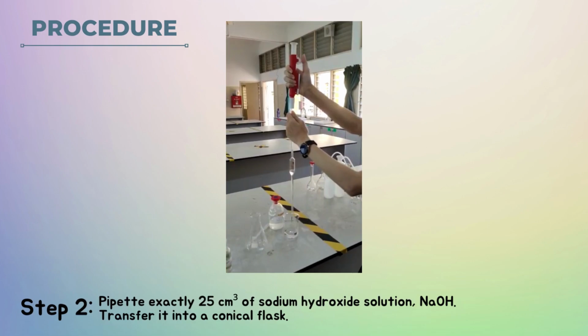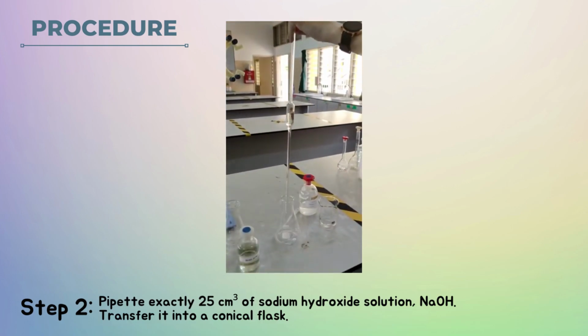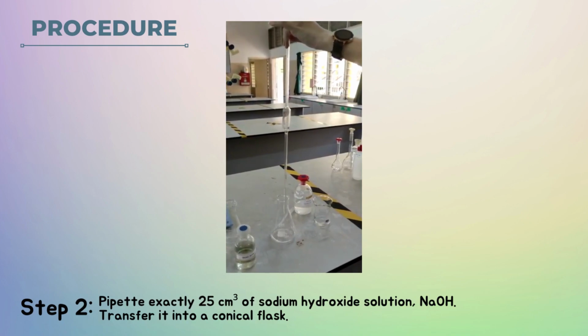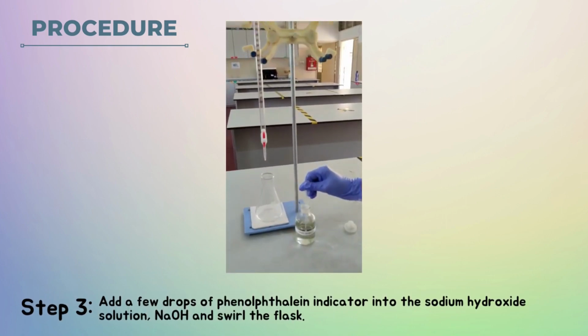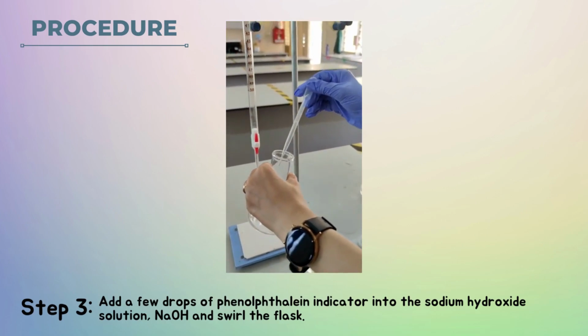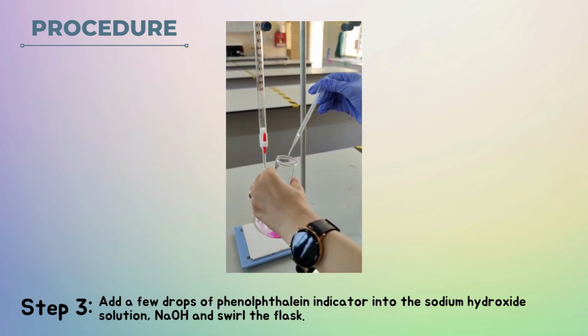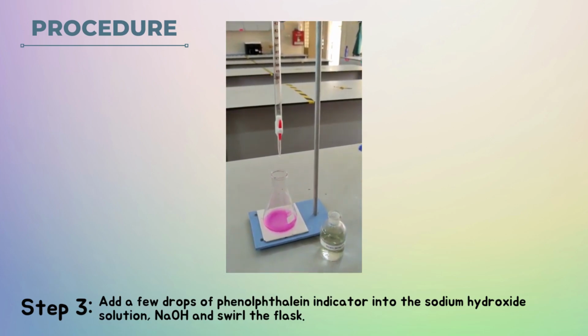Pipette exactly 25 cm³ of sodium hydroxide solution, NaOH. Transfer it into a conical flask. Step 3. Add a few drops of phenolphthalein indicator into the sodium hydroxide solution, NaOH, and swirl the flask.